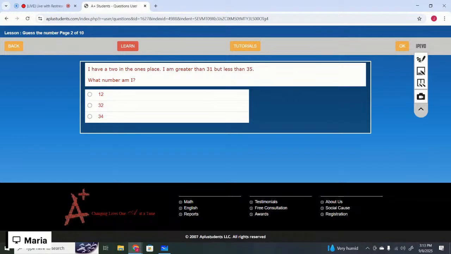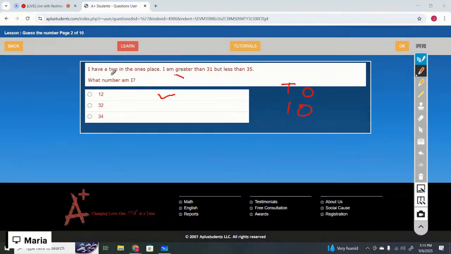I have a 2 in the ones place. I'm greater than 31, but less than 35. I have a 2 at the ones place. So here we have 2. I am greater than 31, but less than 35.